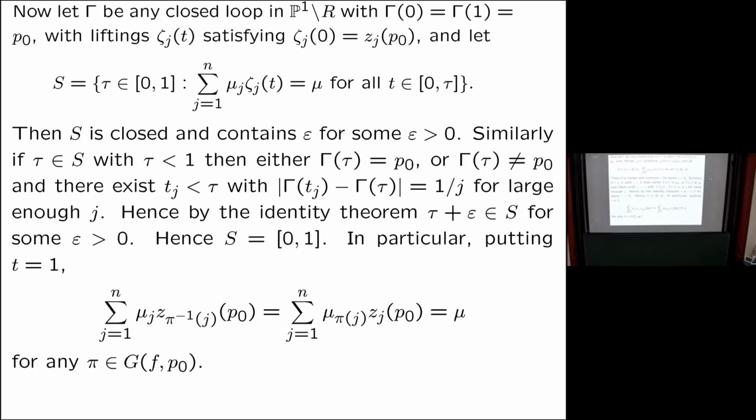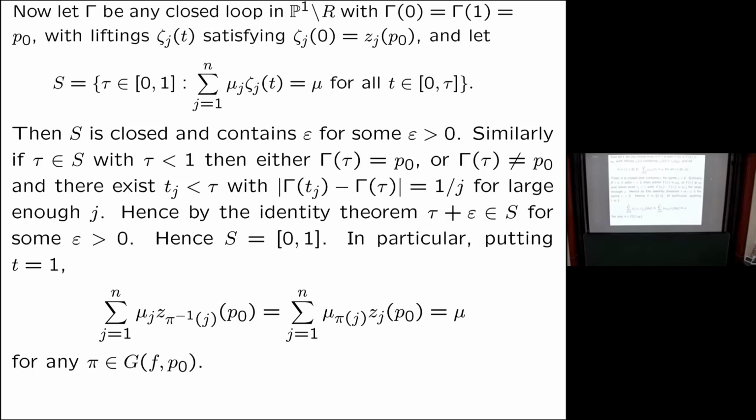Or it's not equal to P0, but gamma(0) was P0, so there's going to be a sequence of times Tj less than tau with |gamma(Tj) minus gamma(tau)| less than 1 over j for large enough j, and therefore by the identity theorem, tau plus epsilon belongs to S for some epsilon bigger than 0. So in short, S is closed and also open, and so it has to be the whole of [0,1].